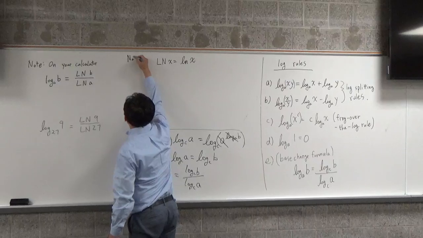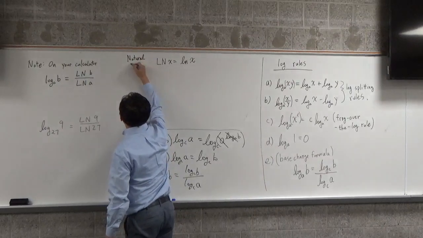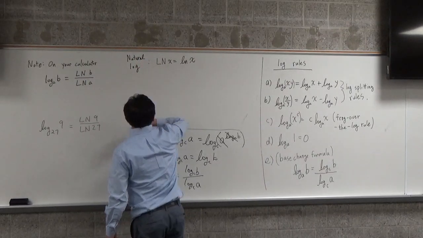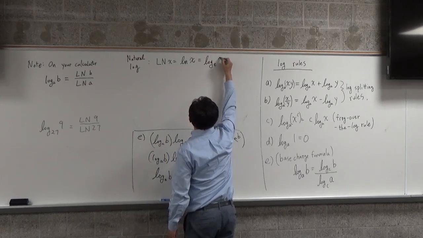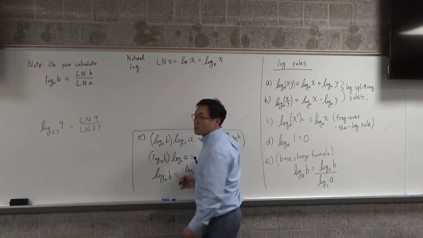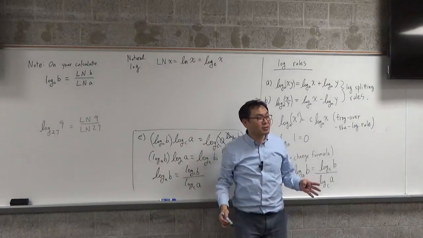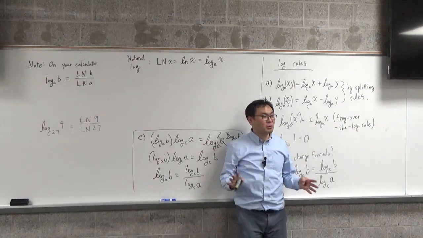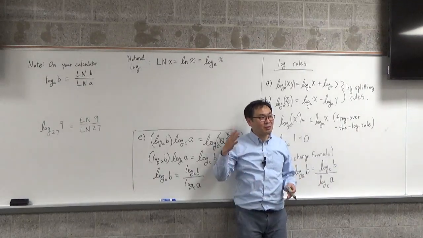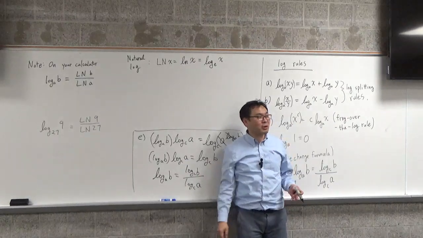Let me write it down. Natural log is log base e of x. You know this e that we briefly talked about last time? e is 2.71828. It has this special property having something to do with the slope of the graph.